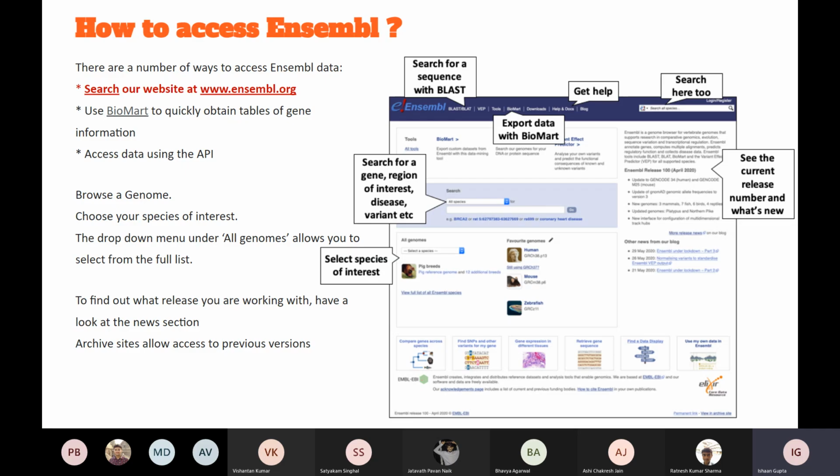From pregnancy all the way to delivery, a mouse takes about 1 to 2 months, right? Then the baby grows. I think it takes about a week for the baby to grow enough for you to actually work with it. So it takes a long time to work with mice.